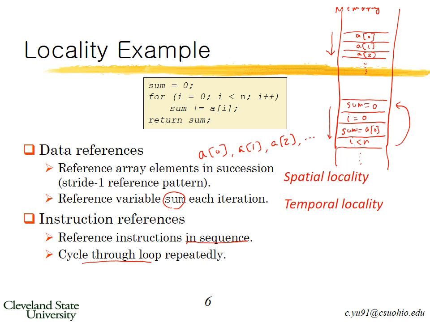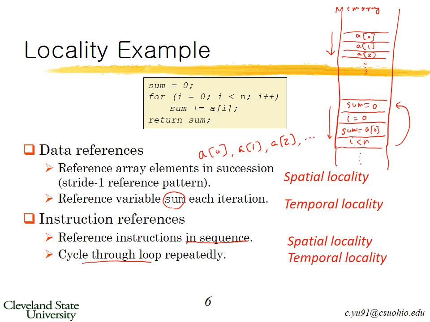And in terms of instructions, I also laid out in the memory the sequence of instructions. Once the first instruction, sum equals 0, is referenced, the following instruction is going to be referenced in the near future. So that's spatial locality.